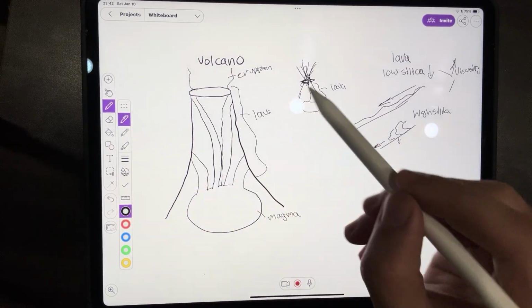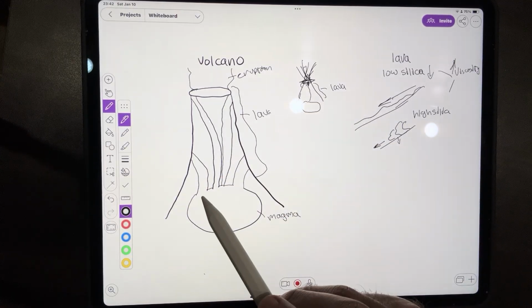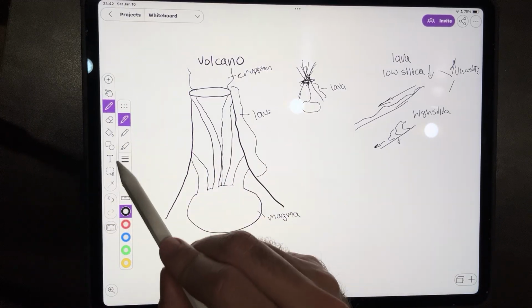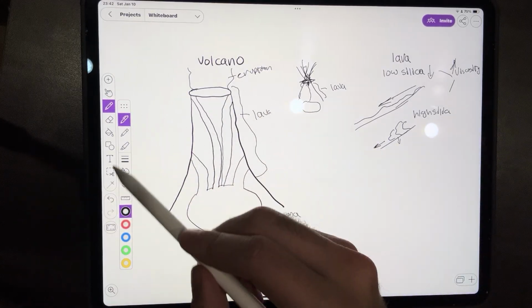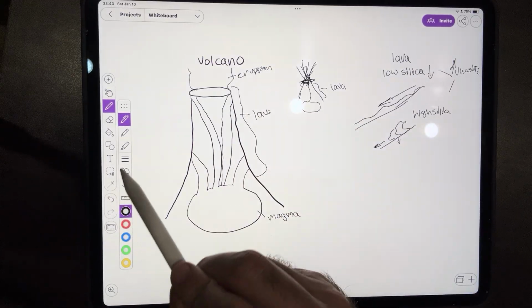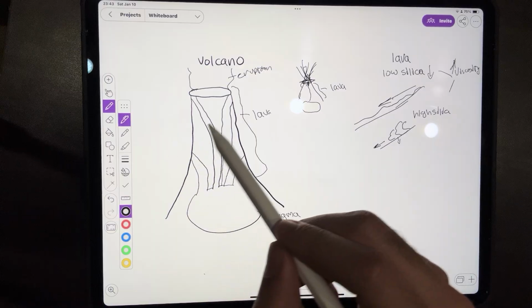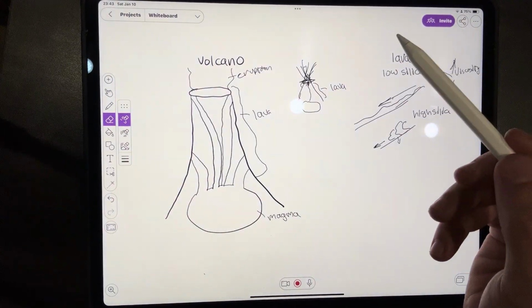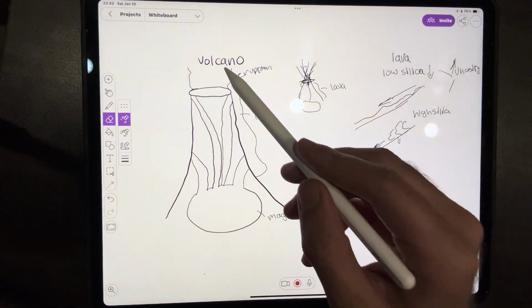Now, lava can make different types of volcanoes. There are a couple of volcanoes that are made from lava being extruded from the volcano.